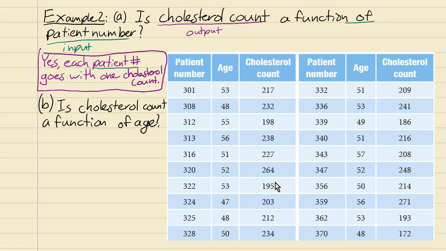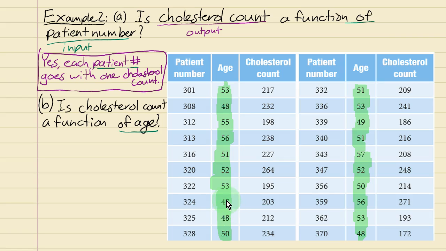Then let's see, is cholesterol count a function of age? So now we're thinking of age as the input variable here. Is it true that if you pick a certain age, you're only going to get one cholesterol count from that? Let's pick an age, I don't know, 47.